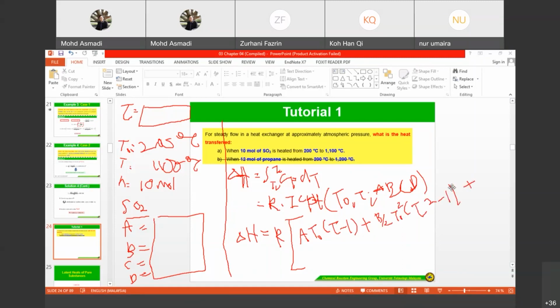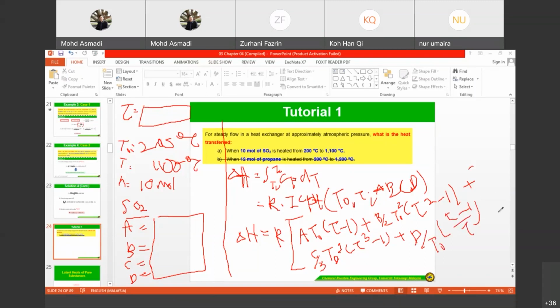plus C divided by 3, T naught power of 2, tau power of 3 minus 1, plus D divided by T naught, tau minus 1 divided by tau.